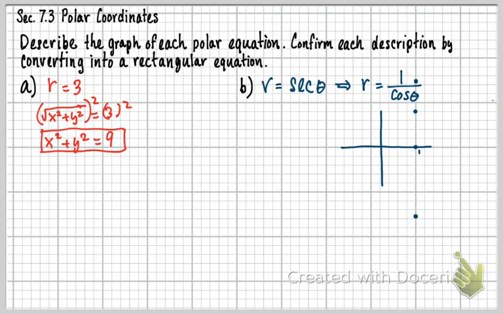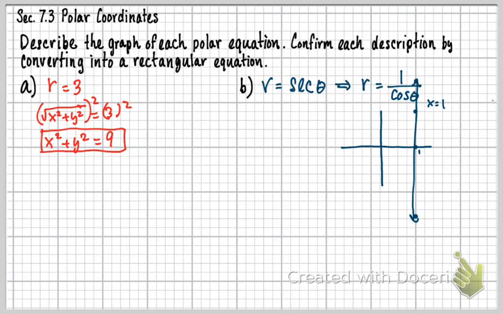So what I'm actually getting here, and this is kind of what I wanted to show you, and I kind of took a roundabout way of doing it, is that I actually get a vertical line here at x equals 1. And that's essentially what this is graphing here. And I just kind of wanted you to see that, because this does come out periodically when you get to Calc 3 and stuff too. So it's kind of a nice result there.